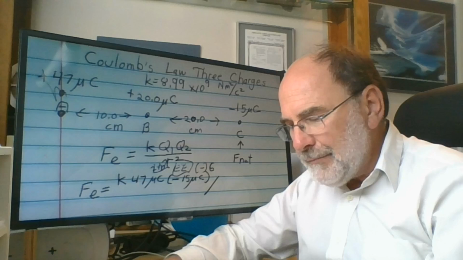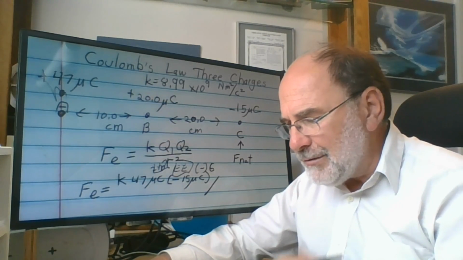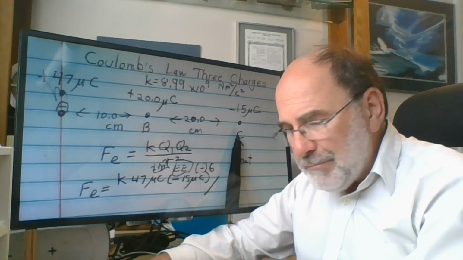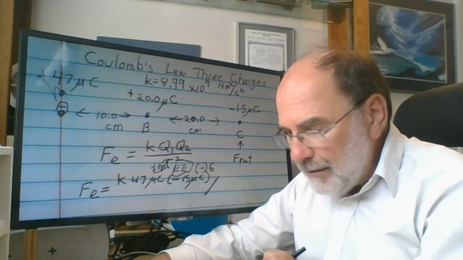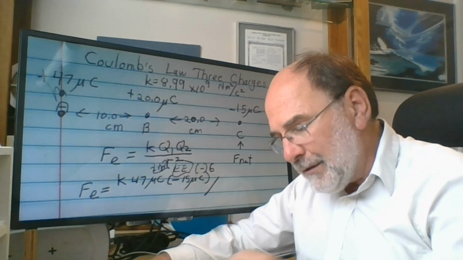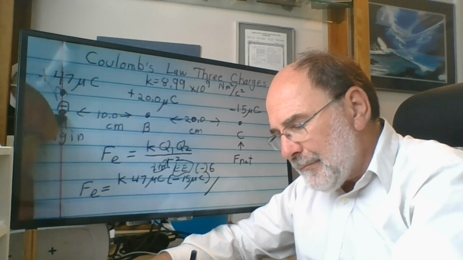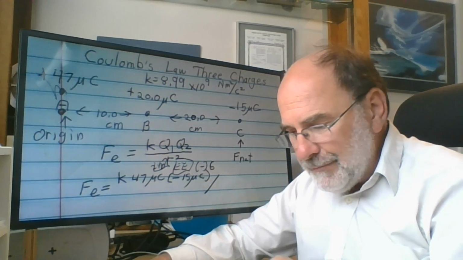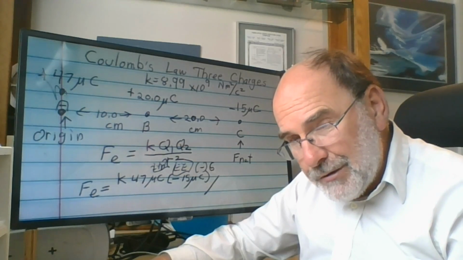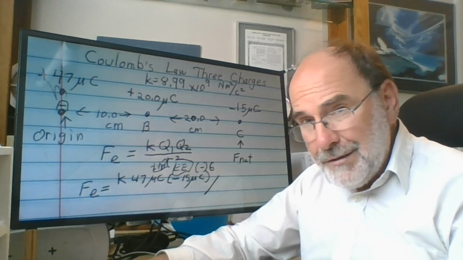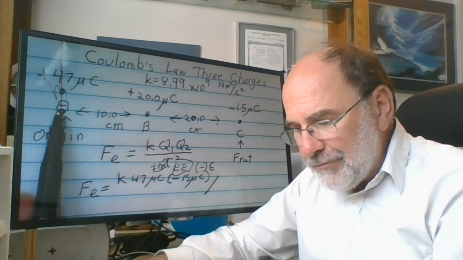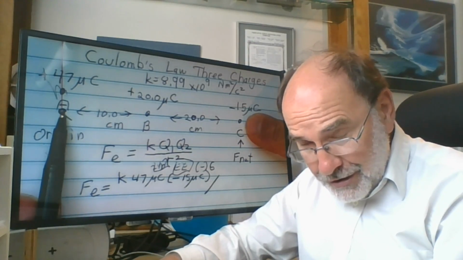Divide by, and here's a common mistake made by students. They'll look at this and say, oh, its position is at 20 centimeters. But where's the origin? The origin is way over here where A is, although I didn't mention that. It doesn't matter where I place the origin. The real question is, what is the distance from the center of charge A to the center of charge C?